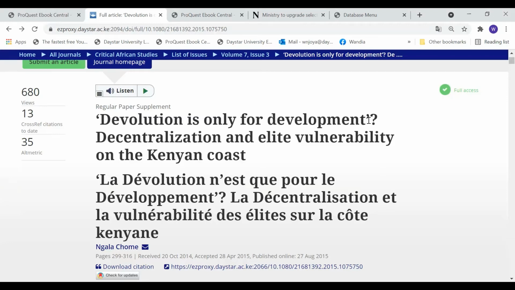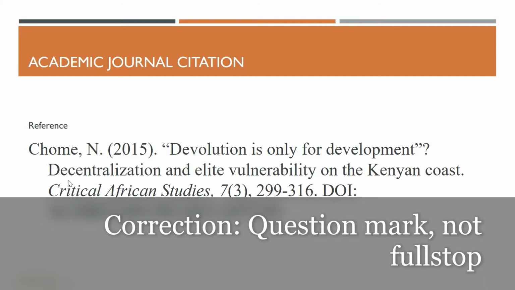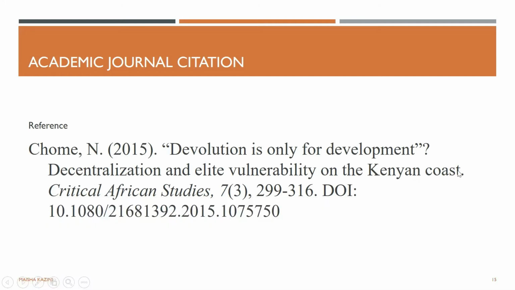He has gotten them from somebody else, and so that's why he puts them in quotation marks. But he's questioning whether devolution is only for development, and that's why he has put a full stop. So if we go back to our reference list, we are going to put this in double quotation marks and still keep the full stop, and then we start the second part of the title from here.